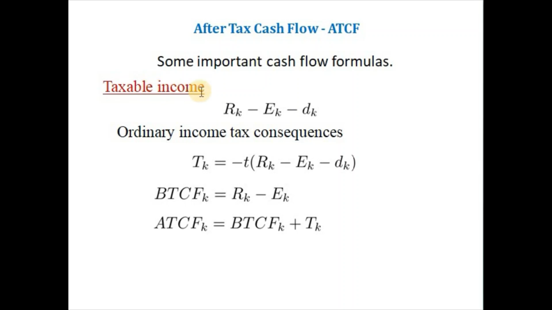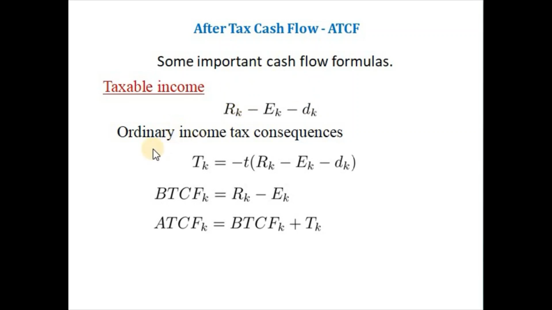Of course, the income without applying the tax is the revenues minus expenses. This is my income. But we agreed that we are calculating the depreciation and taking it into consideration to minimize the tax that I will pay. So if I want to calculate the income at which I'm going to apply the tax, it's going to be revenues at a certain year minus expenses minus the depreciation, so that the income will be ready for the tax to be applied to it.